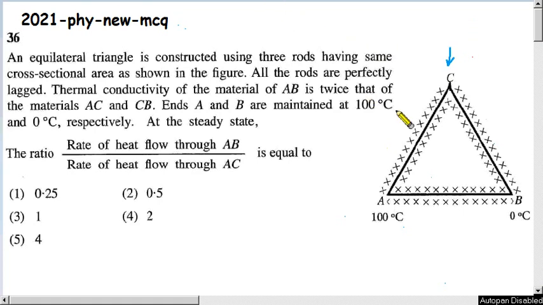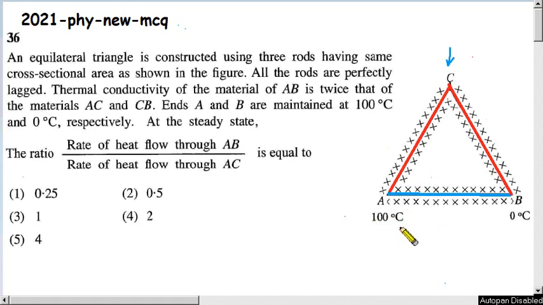First of all you should know there are two lines. Two lines means two paths. This one is the first path, this one is the other path. There are two paths to come from the given temperatures 0 centigrade to 100 centigrade. These places are at constant temperatures, this one is at higher temperature.